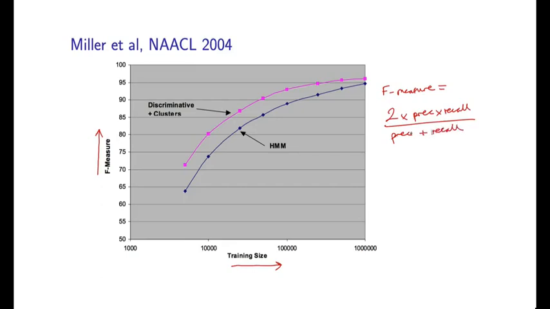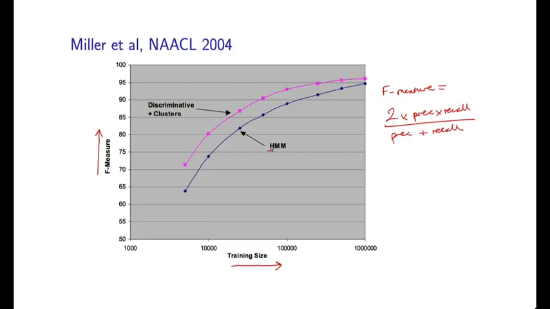You can basically just think of this as a kind of averaging of the precision and recall, where 100 is perfect performance. 85, for example, means you have roughly 85% accuracy. So it's really just a way of taking these two numbers, precision and recall, and forming a single number measuring the accuracy.